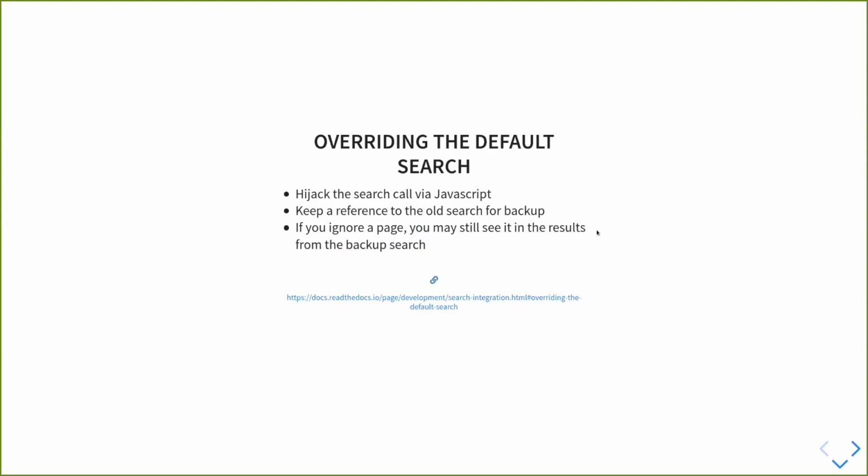So, in case we miss something, you still get results. And for this reason, if you ignore some pages, you may still see them in the results, but you will only see them if we call the backup search. So, I don't think that's a big deal. Okay.